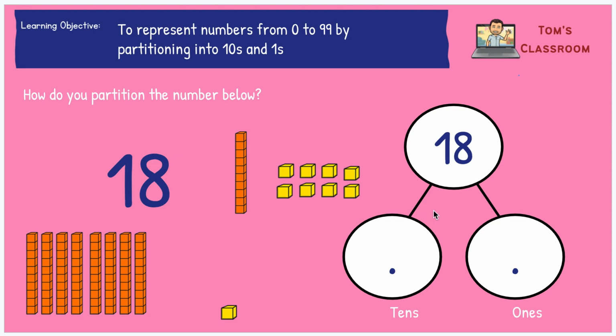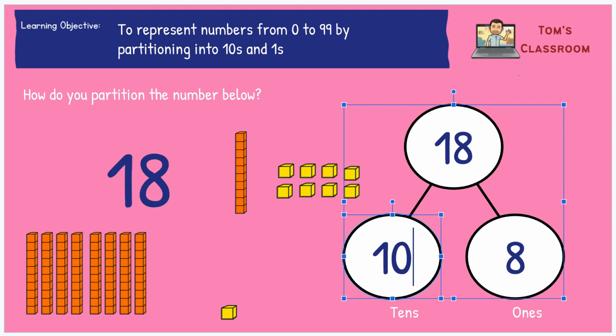So let's put this into our part-whole model. So we've got 1, 2, 3, 4, 5, 6, 7, 8 ones. And how many tens? We've got 1 ten, and we know that 1 ten represents 10. So 18 is partitioned into 10 and 8.